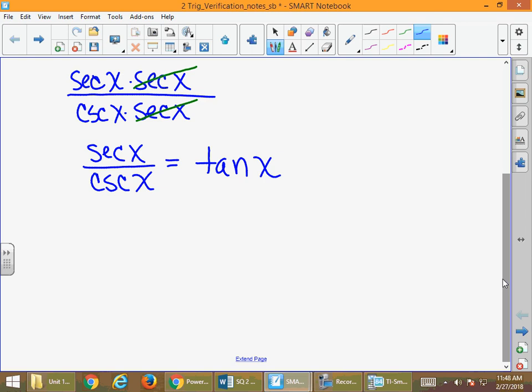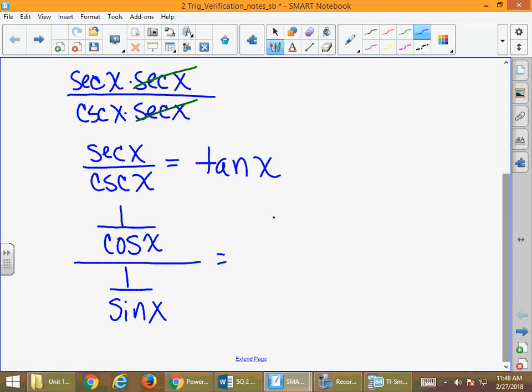Secant x is the same thing as 1 divided by cosine of x, and cosecant of x is the same thing as 1 divided by sine of x. Those are the reciprocal identities. But oftentimes when it's written like this, it's kind of confusing to people, and that's why I like to go old school, as I call it. Why not write it as 1 divided by cosine x divided by 1 divided by sine of x?